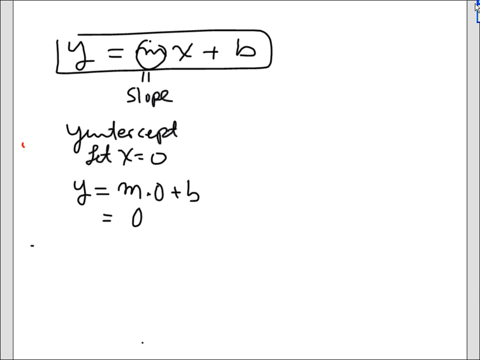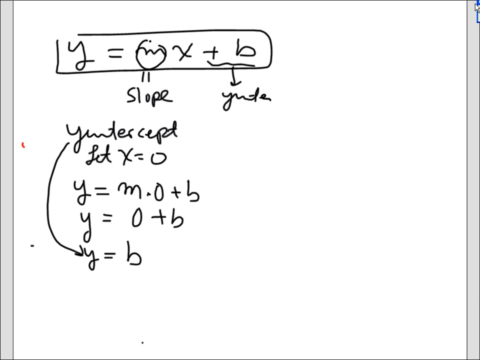You need to know your 0 table. m times 0 is not m, it's 0. Plus b. Then you need to know how to add 0. 0 plus b is b. So the y-intercept is b. Oh, okay, not a big deal. That's the y-intercept. b is the y-intercept.